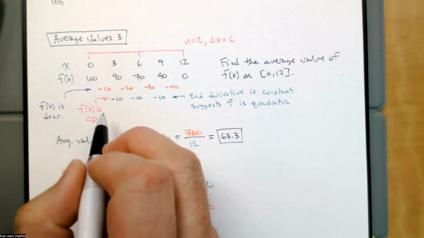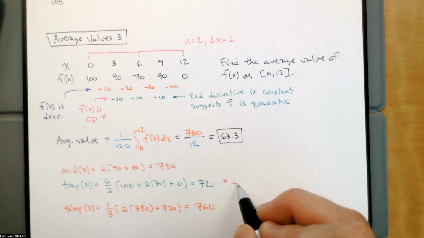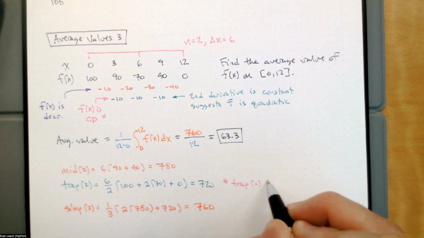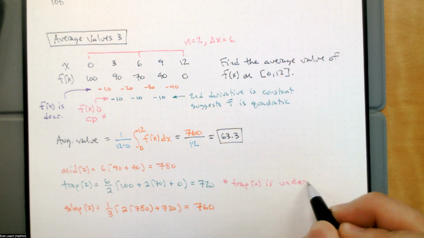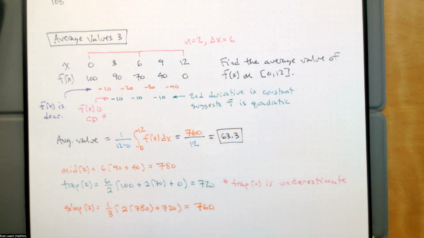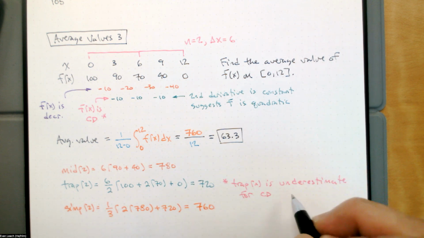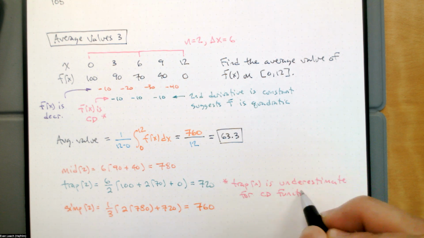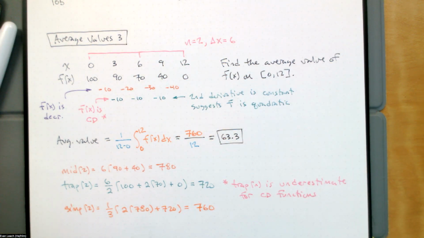So f of x is concave down suggests trapezoidal rule is an underestimate. The trapezoidal rule is an underestimate for concave down functions.